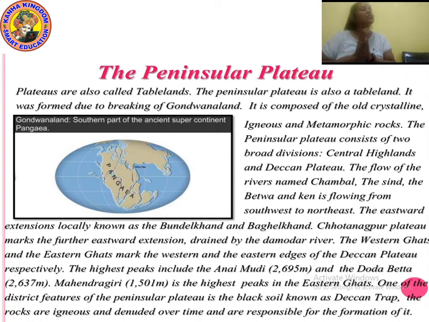Which type of soil is found hugely in the Deccan Plateau? The black soil. What is another name of the black soil in the Deccan Plateau? It is said to be the Deccan Trap.